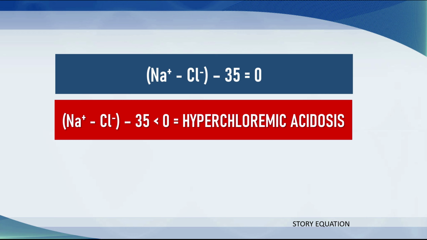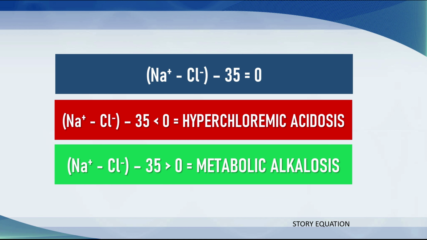If the sodium minus the chloride minus 35 is above 0, say plus 1, plus 2, there is a metabolic alkalosis present. That may be a contraction alkalosis or a hypochloremic alkalosis, depending on which way this has developed.